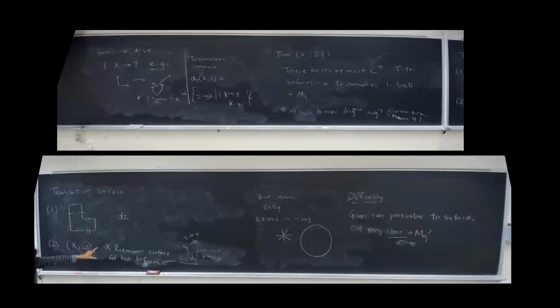So what you actually get from a holomorphic one-form is a flat metric, with singularities at the zeros.